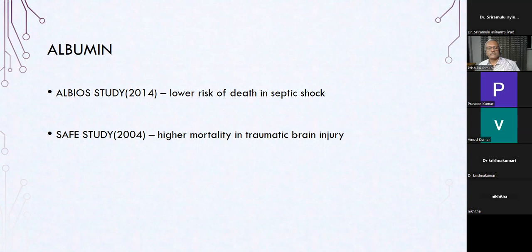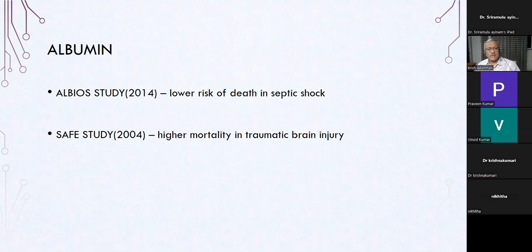The ALBIOS study, done in 2014, showed a lower risk of death in septic shock when albumin was used compared to crystalloids. And the SAFE study in 2004 shows higher mortality in traumatic brain injury cases where albumin was used. So this is the point I made. It is still controversial.